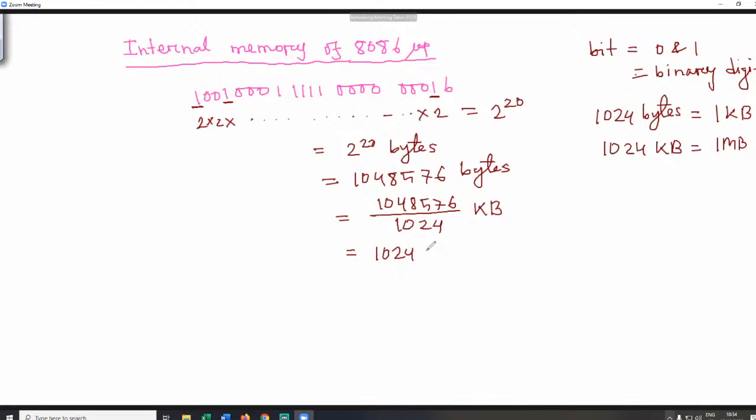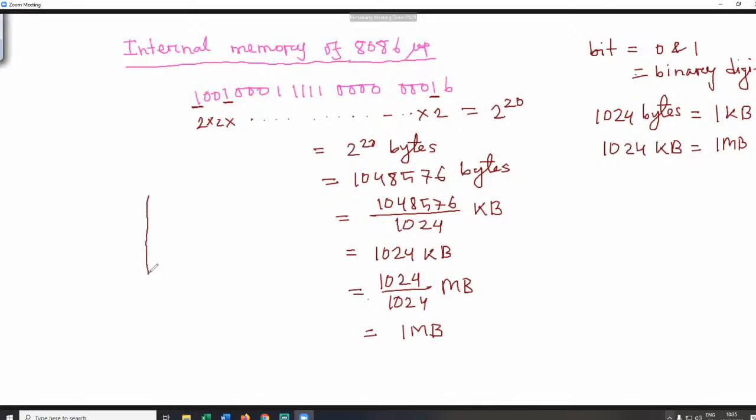Yes, sir, kilobytes. Then if you divide this 1024 again by 1024, you get 1 megabyte. So that is 1 MB. So how much memory does the 8086 processor have? It has internal memory of 1 megabyte.